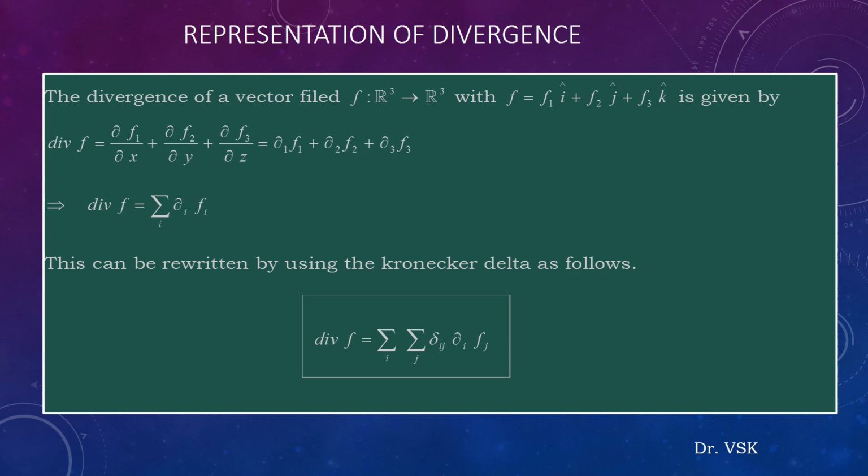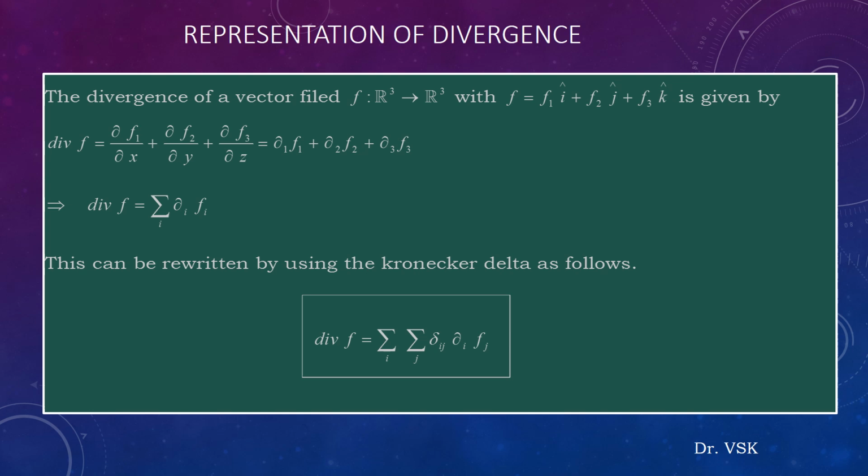But I want to represent this divergence of the given vector field by using the Kronecker delta symbol. How to write the divergence of a given vector field by using the Kronecker delta? Let's see. Div f equals summation sigma over i, summation sigma over j, delta sub ij dou i fj.